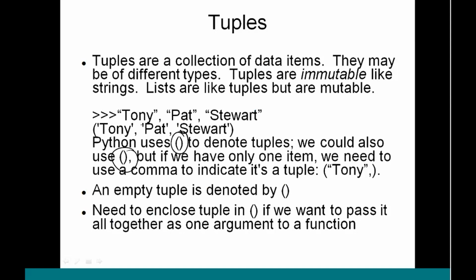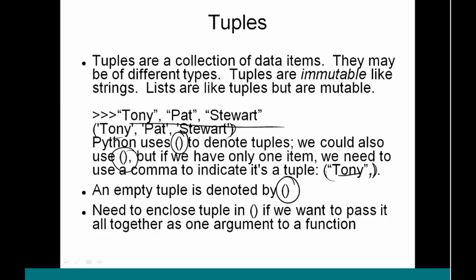So here we have 3 names, so we just put commas and then put it in a tuple. Whereas if you have just one name, we put the name, followed by a comma, and then put it inside the parentheses. The empty tuple is denoted by just empty parentheses.